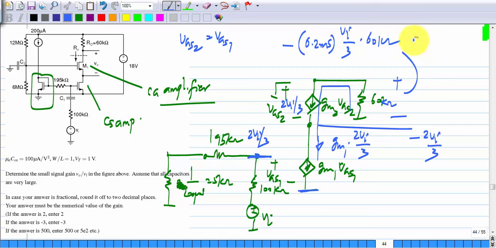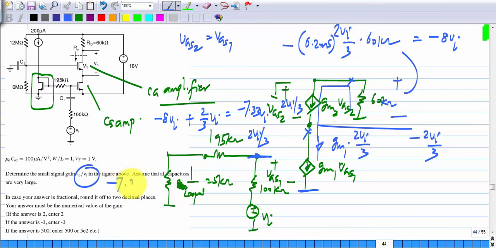So this gives you minus 8 Vi. Now what you need is the difference between this and that. So that is minus 8 Vi plus 2/3 Vi, which gives you minus 7.33 Vi. So this V0 by Vi is basically minus 7.33.